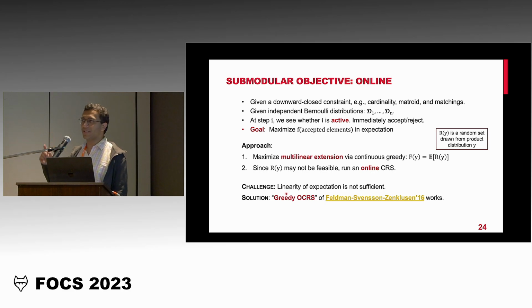As long as your OCRS has some extra property, besides having marginal properties like each element being chosen at least half the time, you also need some kind of a greedy property. Remember, the OCRS of this layering-based algorithm was very greedy within the layer. So it turns out those algorithms work even for submodular objectives. You can relax this constraint, but all I'm saying is many of the techniques do extend even to submodular objectives, not all of them. The duality-based one, for instance, does not extend.